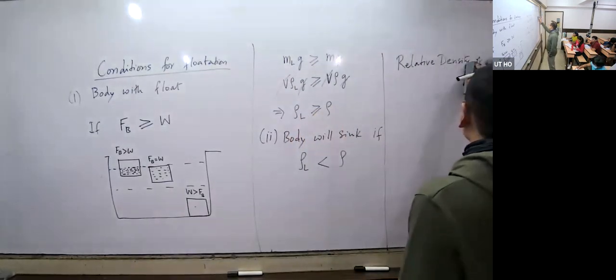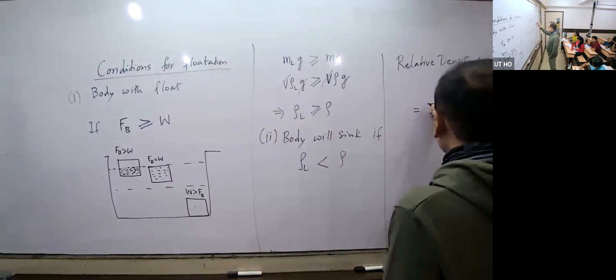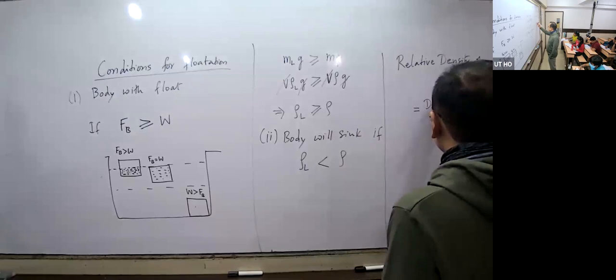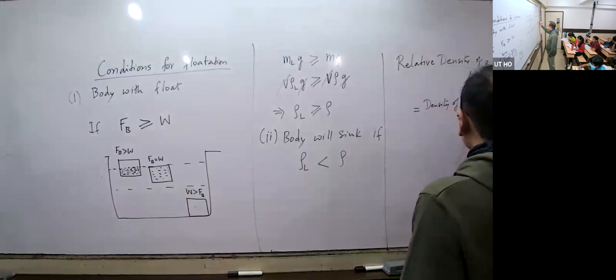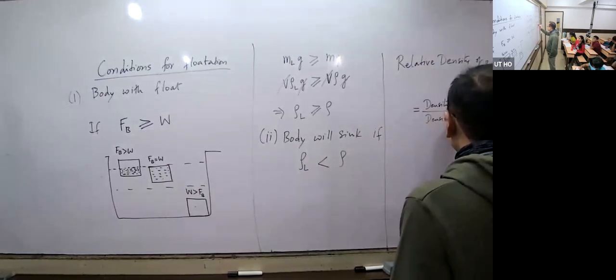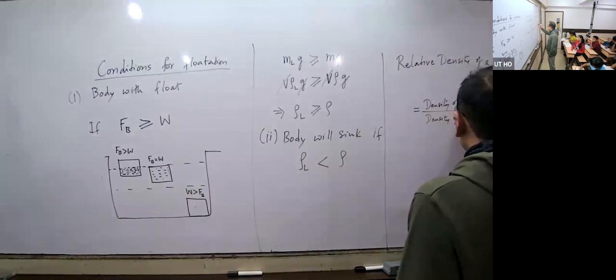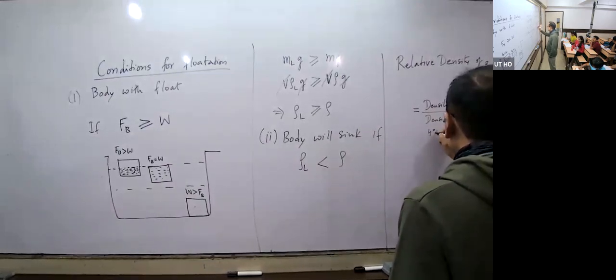Okay, relative density of the substance is equal to density of the substance divided by density of water at 4 degrees Celsius.